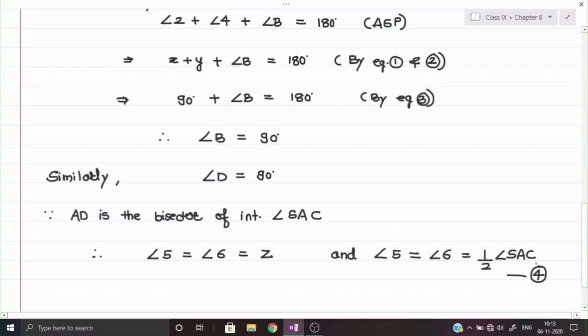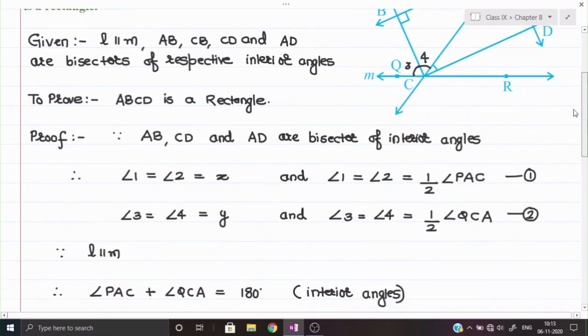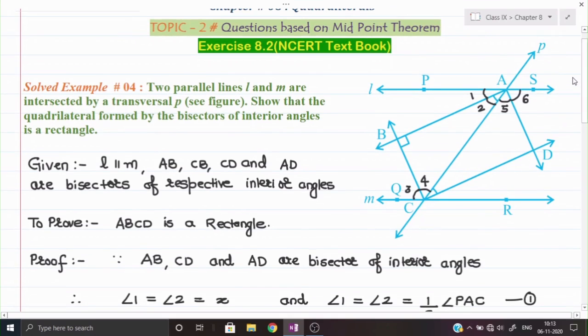Now see the figure carefully. In the figure you observe, now I am getting 4 angles: angle 1, angle 2, angle 5 and angle 6. All 4 angles are coming onto the line L, and we can say that these 4 angles are forming the linear pair.